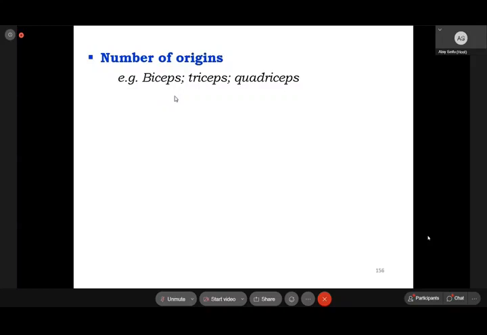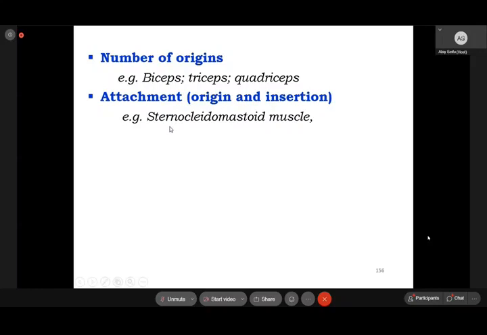And the other is based upon its attachments, insertion and origin. Most of the time, origins are stated first and followed by their insertions. For instance, sternocleidomastoid muscle.